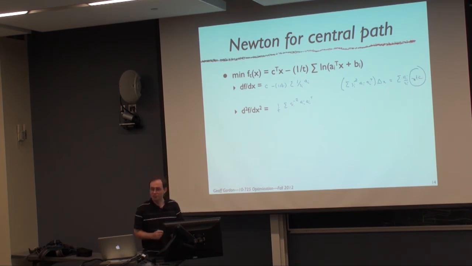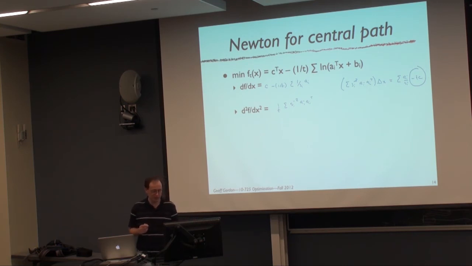And so it's going to be much harder to find a good initial point for really large t than it is for small t or for analytic centering, right? So when t is big, convergence here can suffer. We'll talk about that more later, but it's still a pretty interesting definition to think of the central path, right?